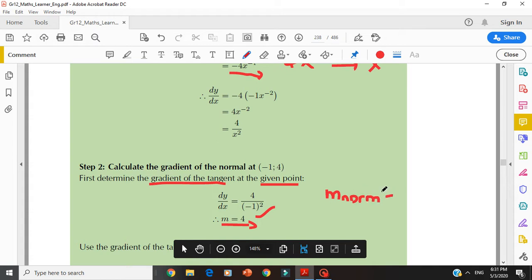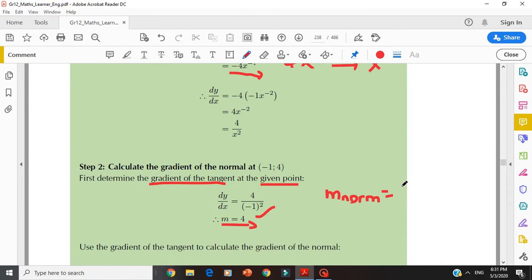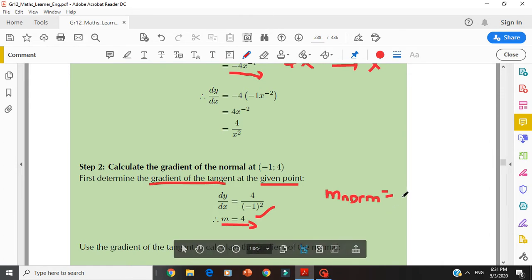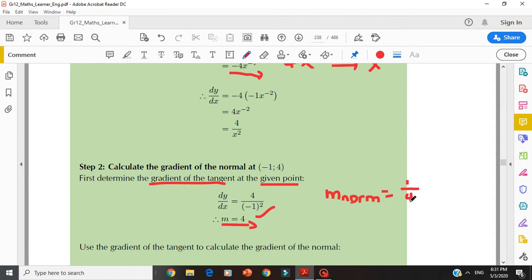As a rule of thumb, once you've got the gradient of your tangent, to get the normal slope you're just going to flip your fraction and multiply it by minus 1. So 4 over 1 becomes 1 over 4, but times minus 1 makes it minus 1 over 4.